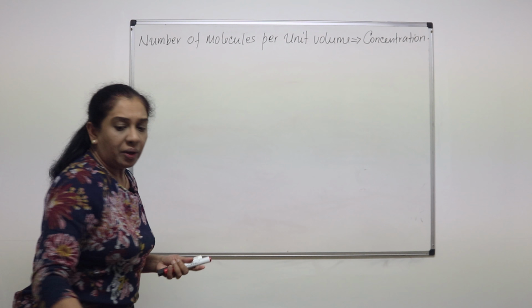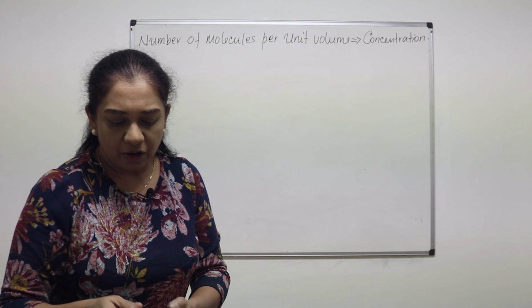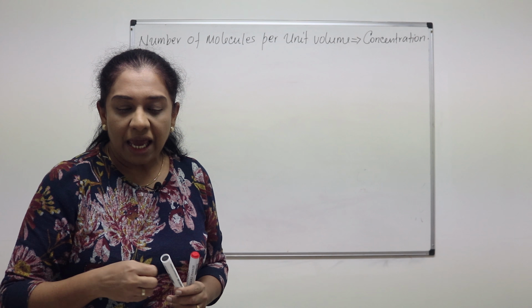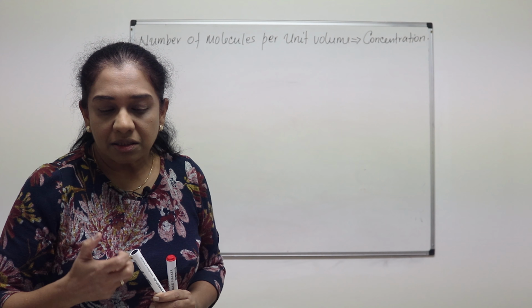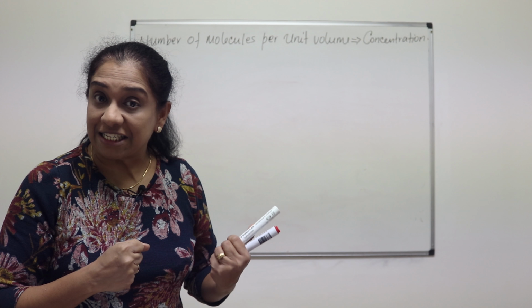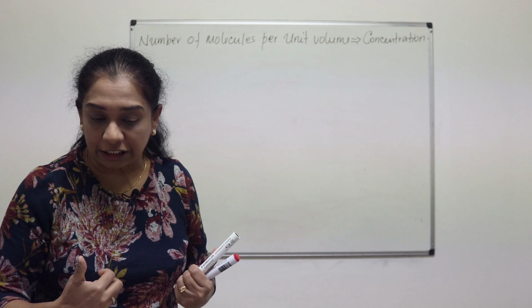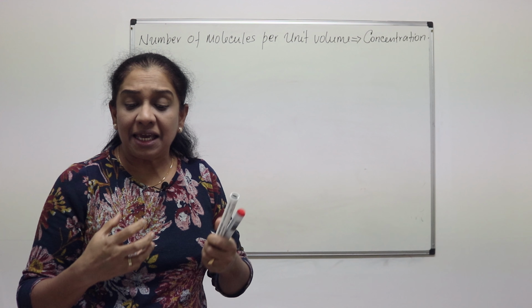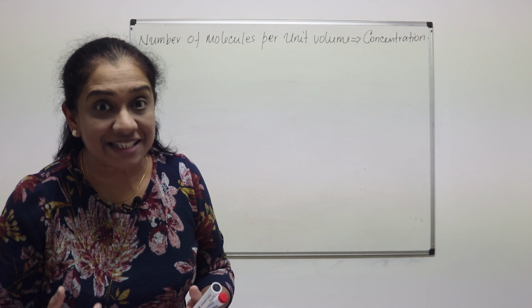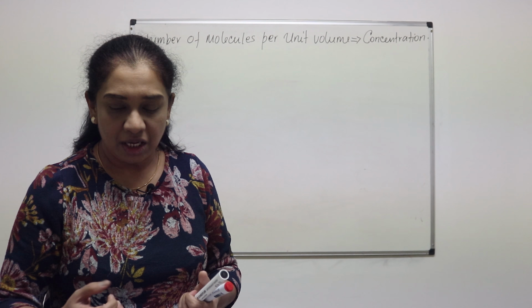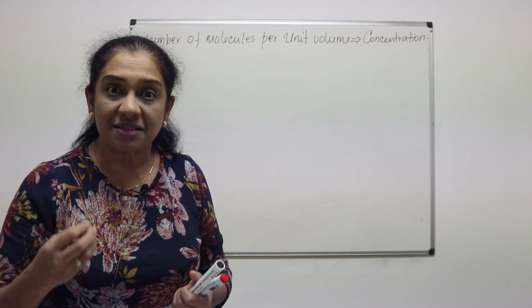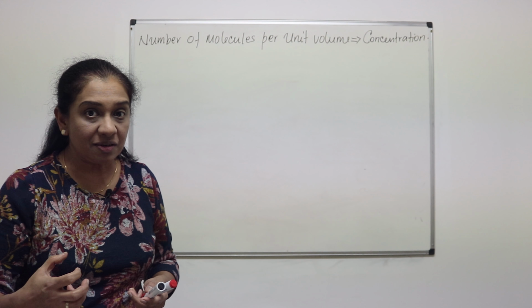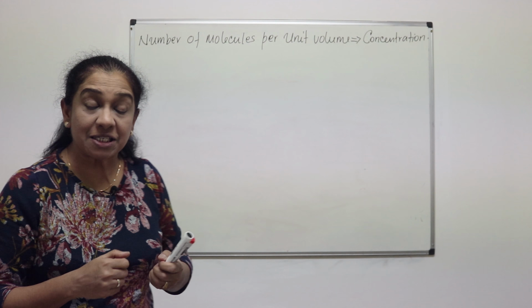Right. Now in this example we are going to look at the same concentration that we have calculated. If that is going to be in 300 cubic centimeter of water, what will be the mass that we would have dissolved to make that particular solution?